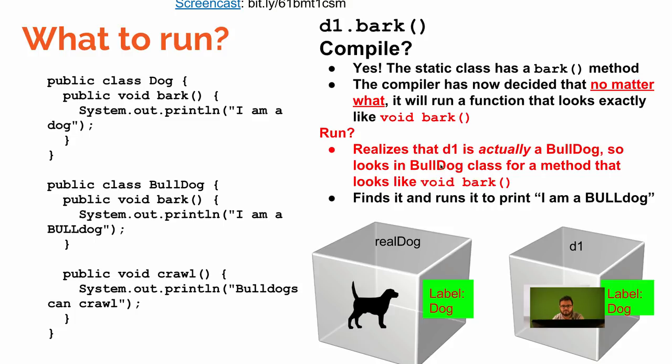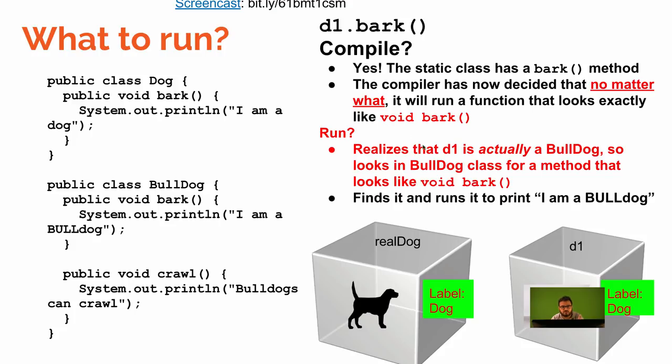So it looks in the bulldog class for a method that looks exactly like void bark. You can think of the compiler as putting its foot down and saying a method that looks exactly like void bark must run.